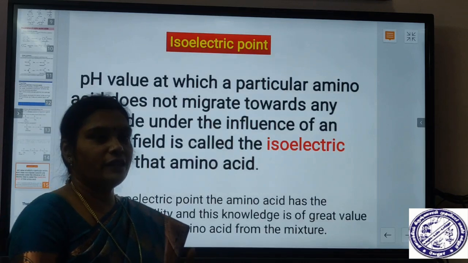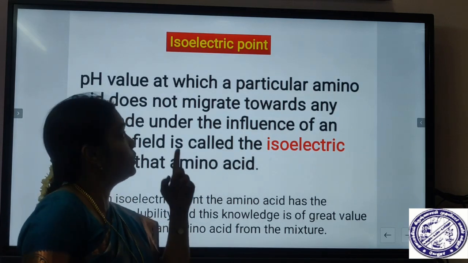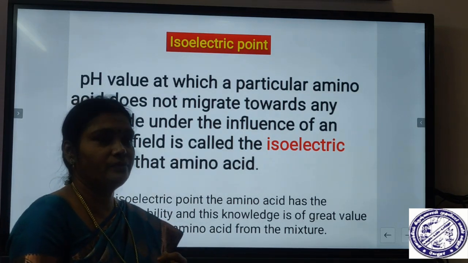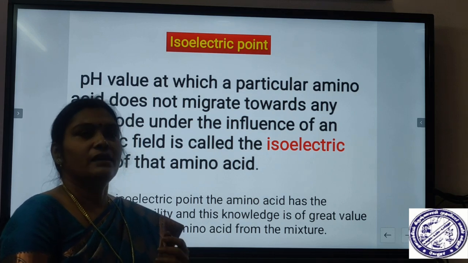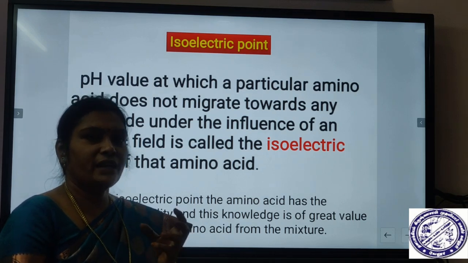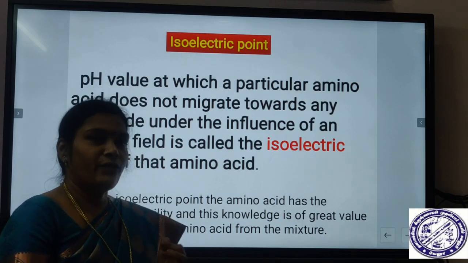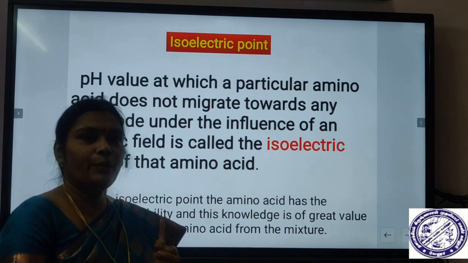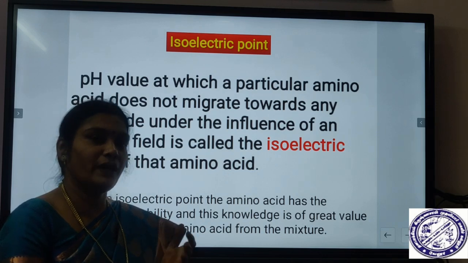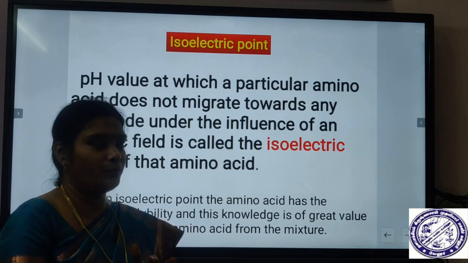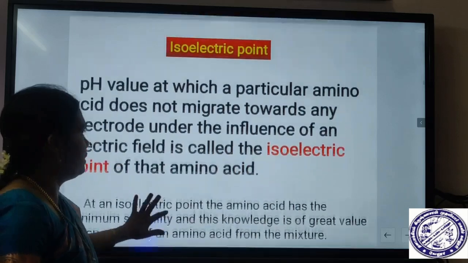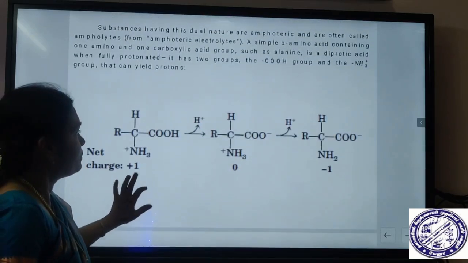Another important point regarding amino acids is what is meant by isoelectric point. For example, when you take any particular amino acid in water and pass an EMF, depending upon the pH, they will move either towards the cathode or the anode.